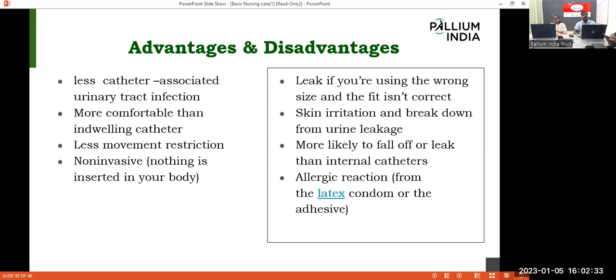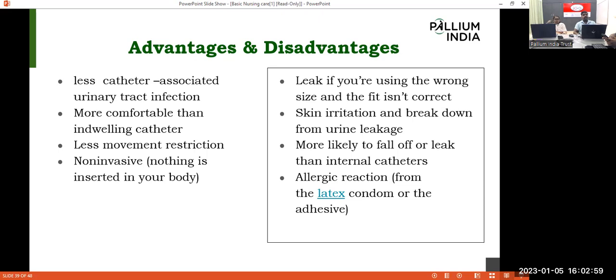It is more comfortable than the indwelling catheter also. Because with an indwelling catheter, if there is accidental pulling by the person, or while transferring position or from bed to anywhere, it will hurt the patient. It will cause bleeding and other complications. But here there are no such complications.